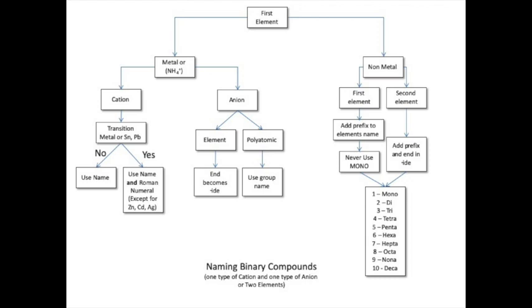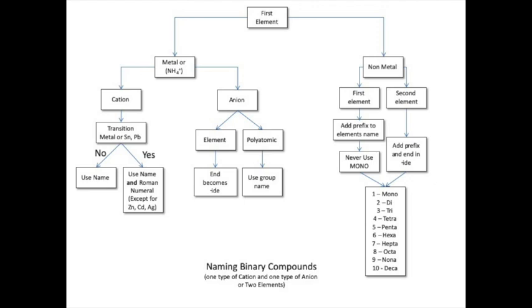If it is a metal or NH4 group, then you're going to do the ionic scheme. If the first element is a nonmetal, then you use the covalent scheme. So our first thing is to decide which of the two methods do I use.